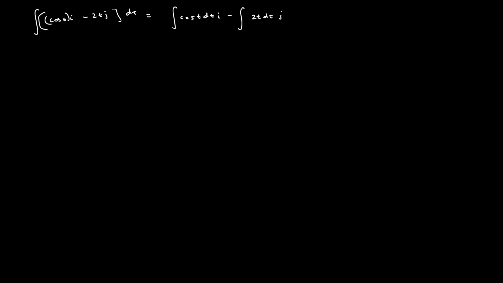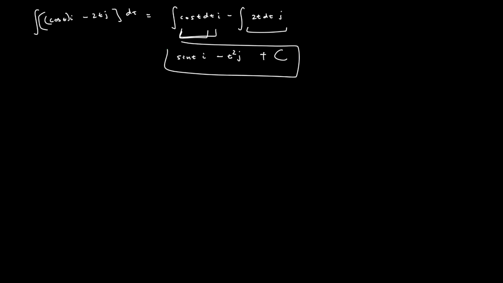And so this is simply sine t i minus t squared j, and then we have one constant vector. Again, we've seen before that whenever we combine two indefinite integrals, their constants get added. So this one big C, where C is a vector, represents our plus C in the vector case, where before the plus C was a scalar.